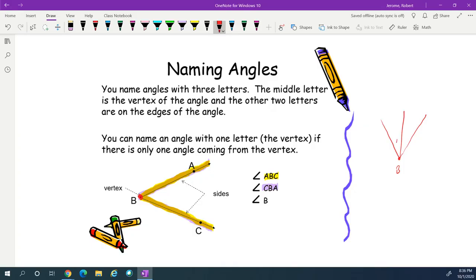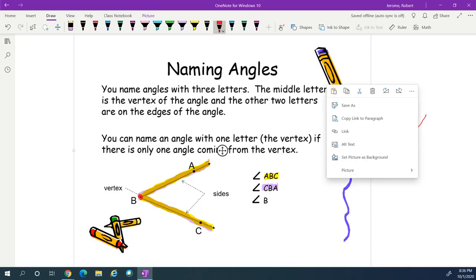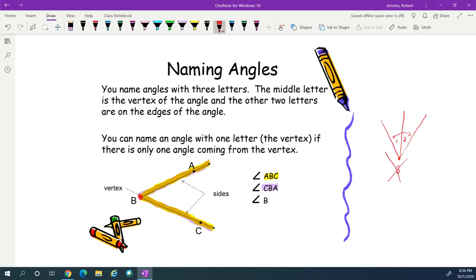There's the little angle on the left, there's the little angle on the right, but there's also the big angle that includes both of them. So we can't do this. We can't do that. We can only use the vertex letter by itself when there's only one angle coming out of it. So we try to use 3 letters.